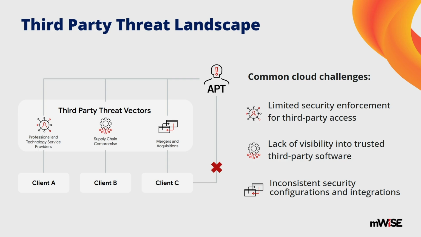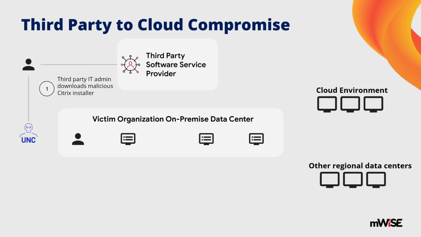Now, to tie all that together, we'll cover our last IR case study, where a third-party compromise led to ransomware within a victim's cloud environment. Here we had an organization that was leveraging a third-party service provider that accessed their network via hosted virtual desktops. A user from that vendor was looking to download a copy of Citrix Workspace.